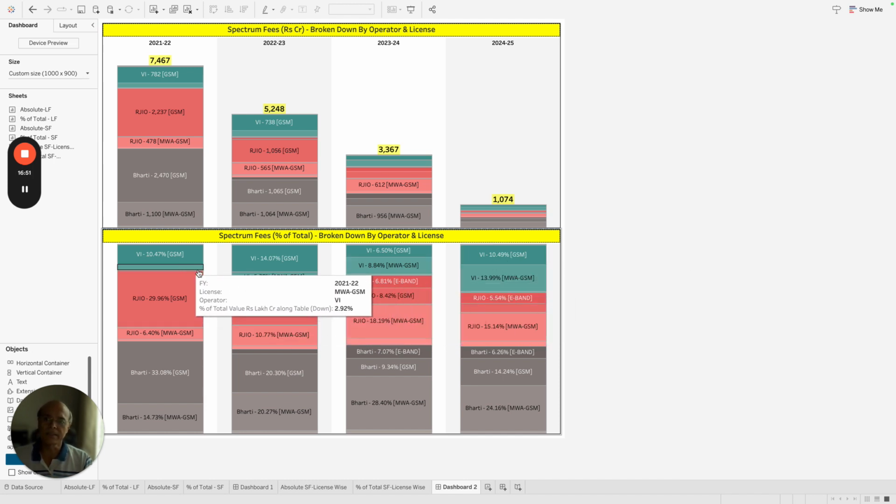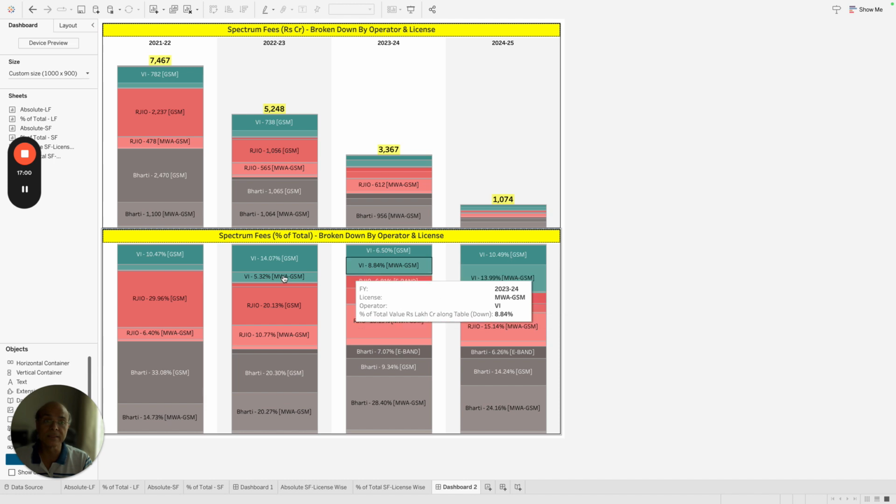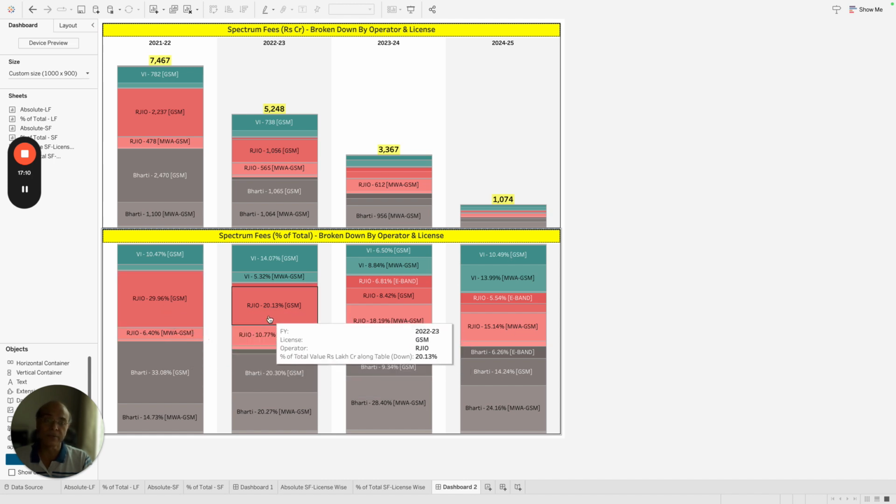Now, as far as microwave access GSM is concerned, which is the microwave spectrum, VI has increased its requirement from 5.32% to 8.84%, which means VI is basically holding on to more microwave access spectrum. Now, Reliance Jio was 30%, then 20%.